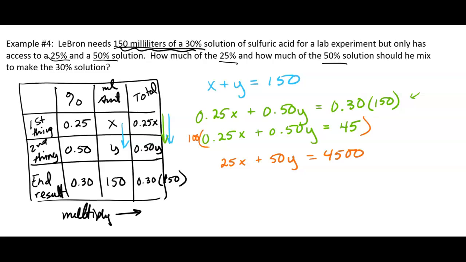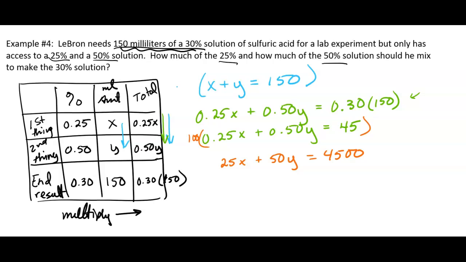So that was just working with that last column, but now it looks fairly nice. Now I want to think about that blue equation. I'm going to use that blue equation with the orange equation.